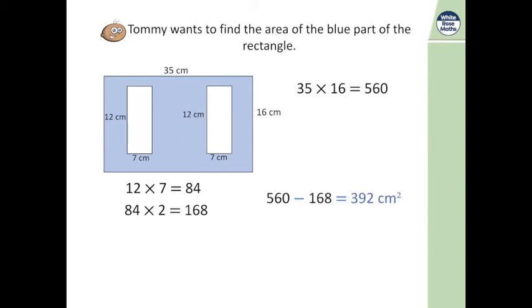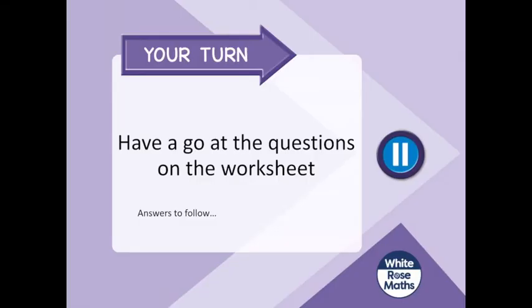So 84 times 2 is 168. And finally, subtract 168 away from the whole. So 560 minus 168 gives us 392. And I really must stress the importance of units of measure here. It's centimetres squared. When we're measuring area, centimetres squared. It's the little 2.